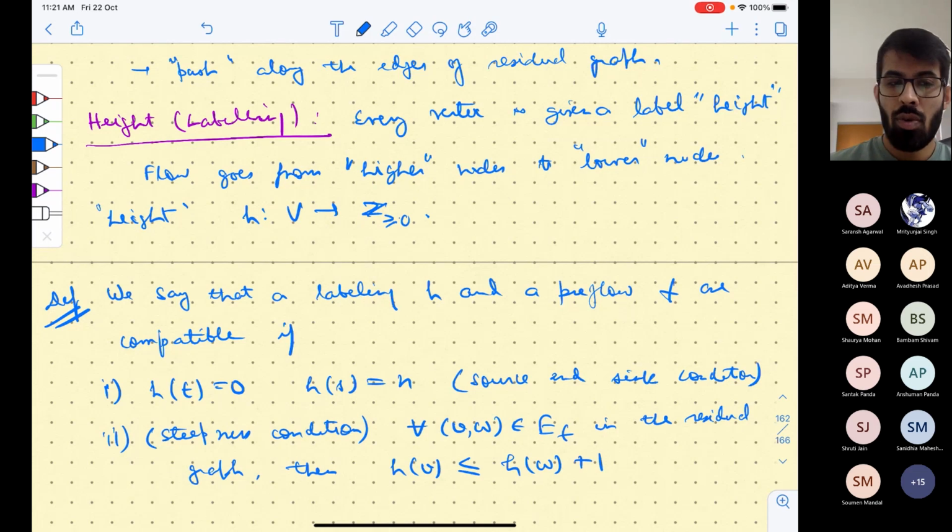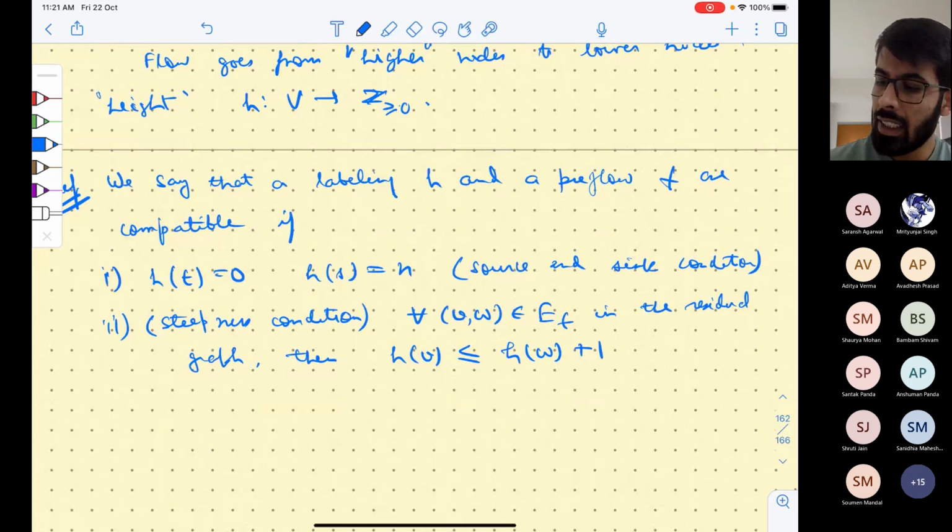So this is always going to be h(v) less than or equal to h(w) plus 1 for every edge in the residual graph. Whatever the labeling gives, it should not make the height of v more than 1 greater than that of w, right? So these are the two conditions.